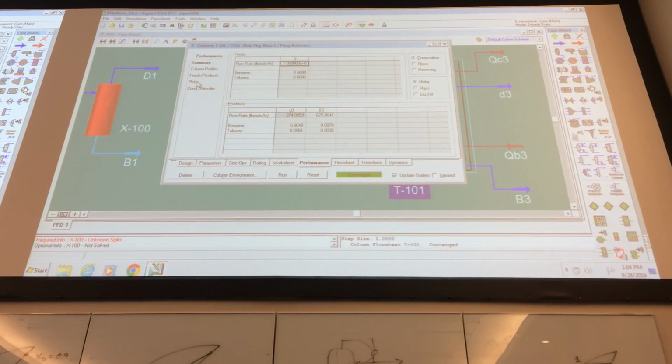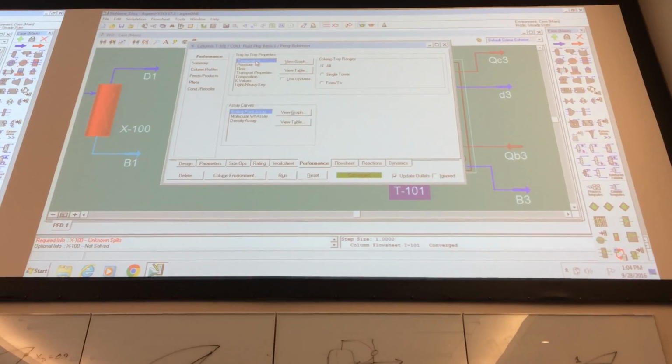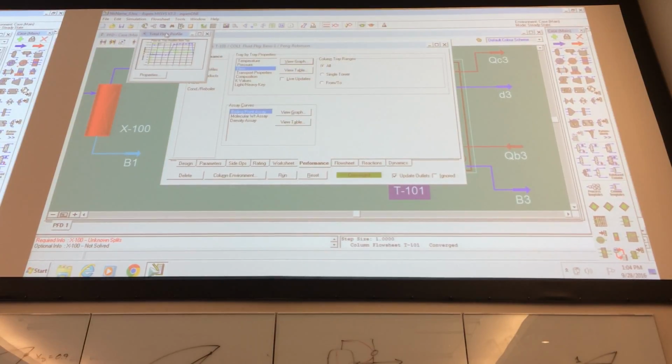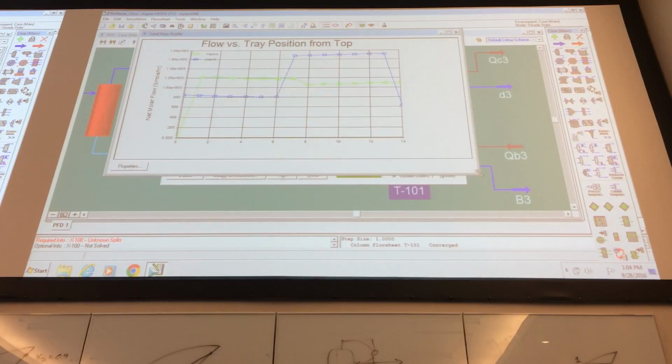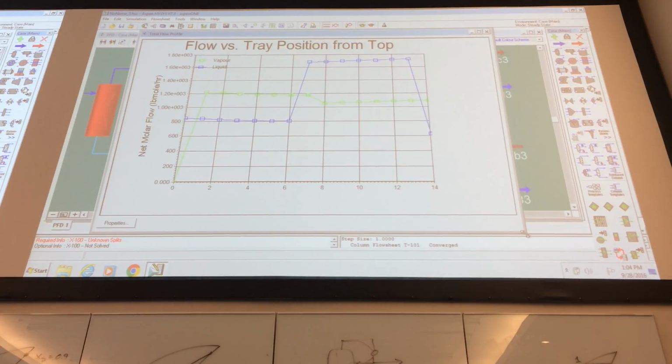So if we come over to performance, plots, let's just take a look at flow rates. So this is a very simple system, right? Just binary components. We have an assumption where you have constant molar overflow. This is where you can see that, and this is also where you can test that.